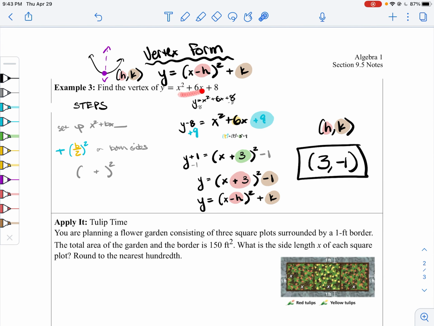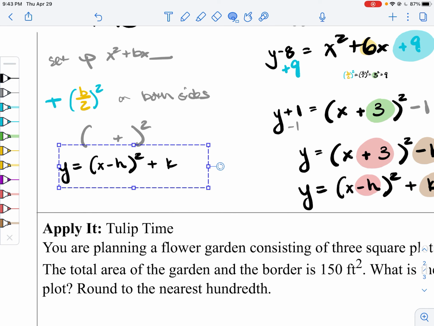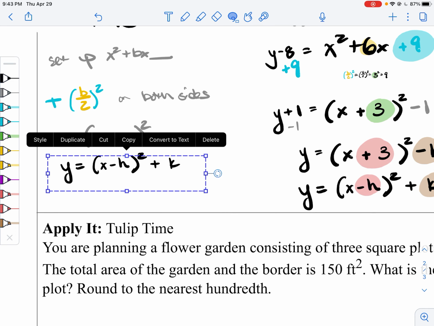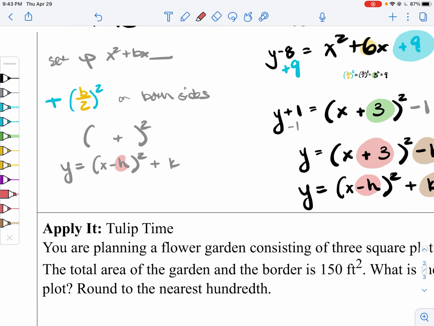You just want to find something squared. Just for thoroughness, we'll put this down here too. Ta-da! And then we got our h, we got our k.